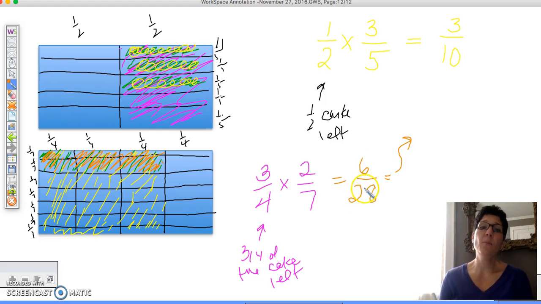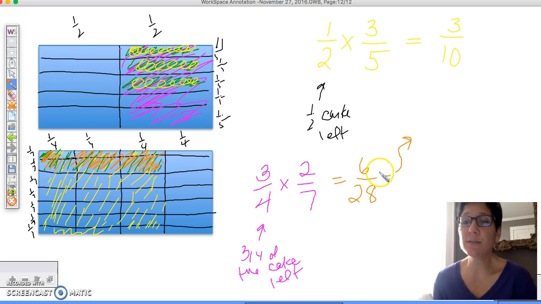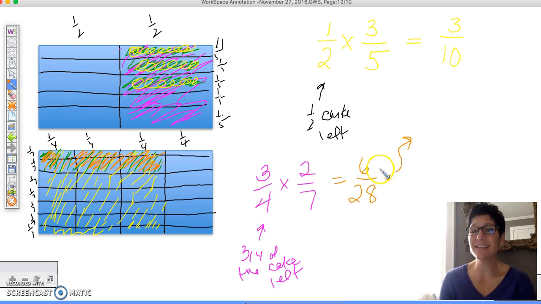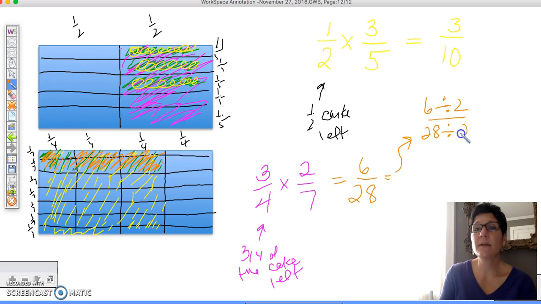interesting. They're both even. So when they're both even, that means they must be divisible by what number? What number goes into both of them evenly? And I like to actually say divisible. And I hope you guys said 2. So if I take each one and I divide it by 2, and then 28 divided by 2, your final answer should come out to 3/14, okay?